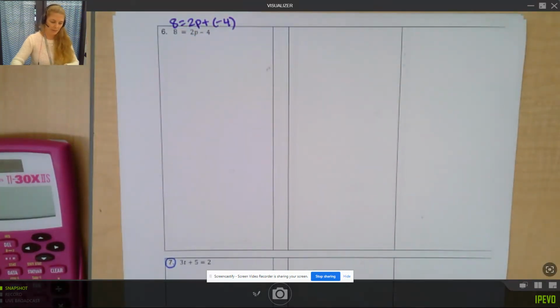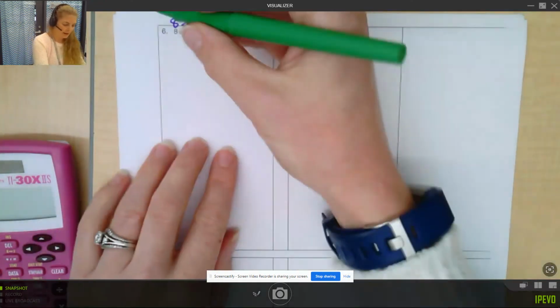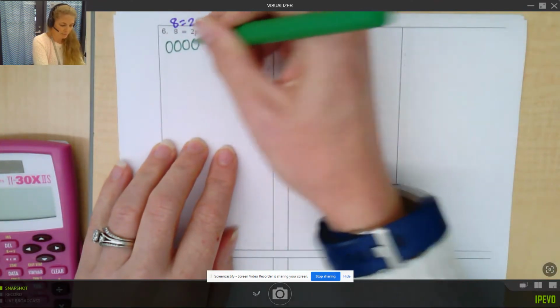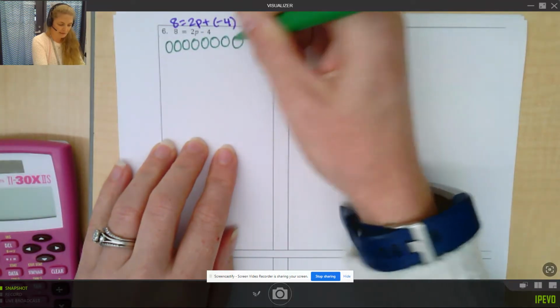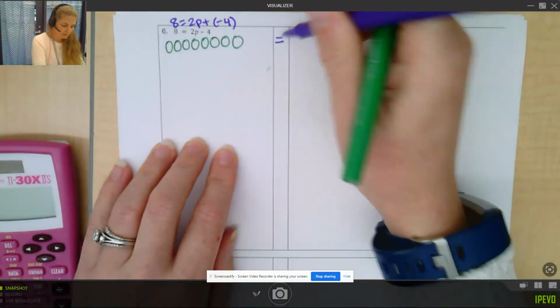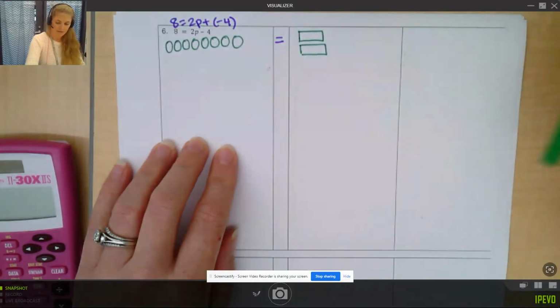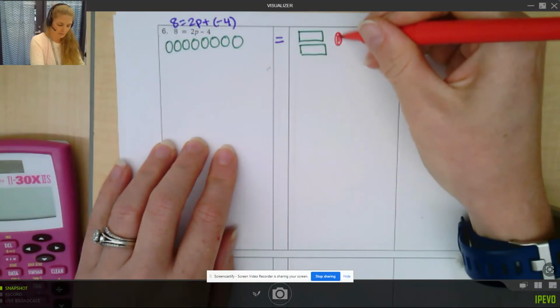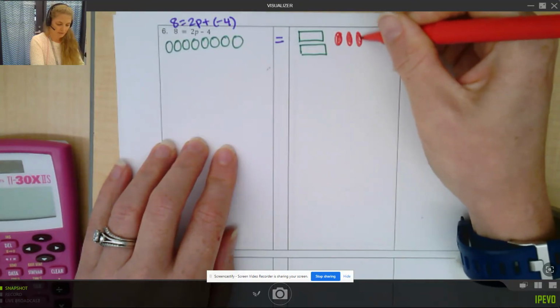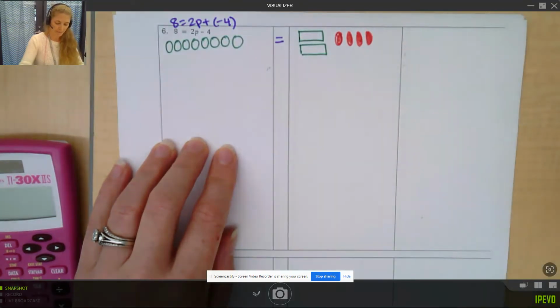Fabulous. So first thing I'm going to do is model this with the 8 positives, 1, 2, 3, 4, 5, 6, 7, 8, equal to, I need 2 positive variables and 4 negatives, 1, 2, 3, 4.